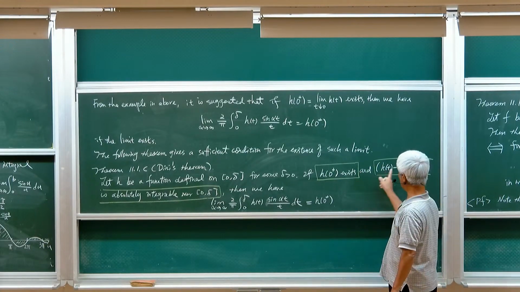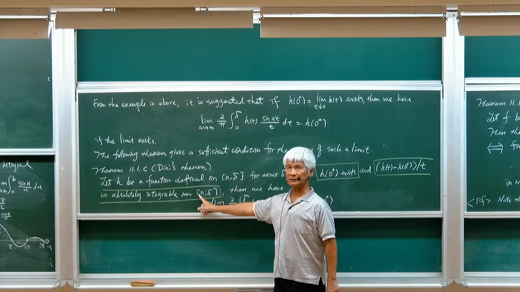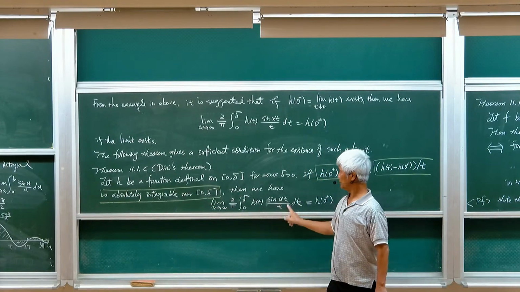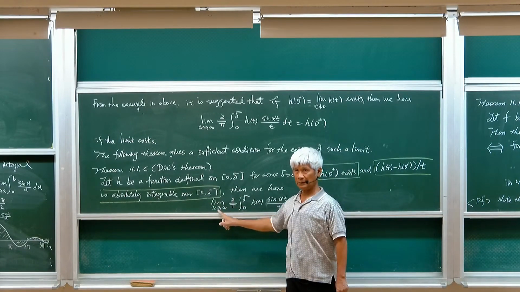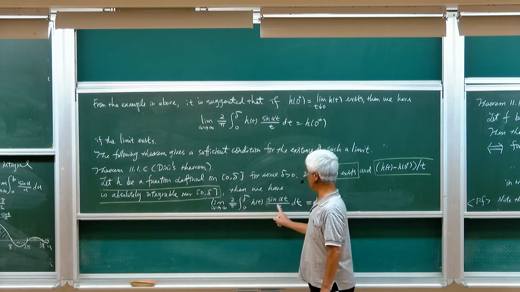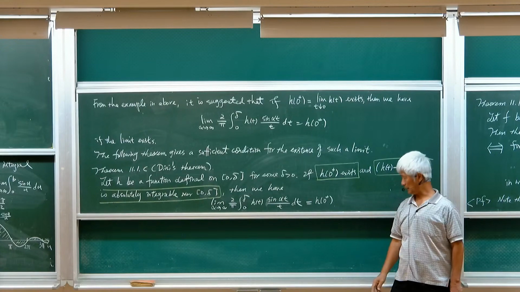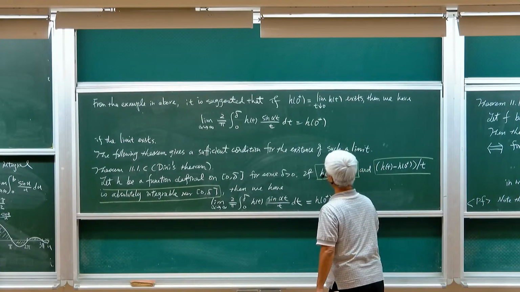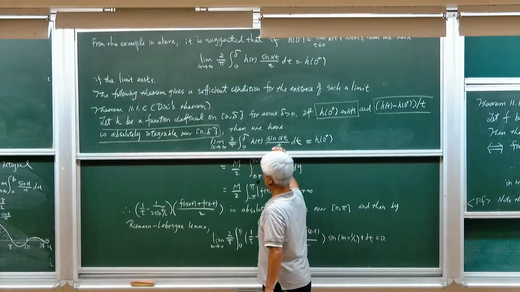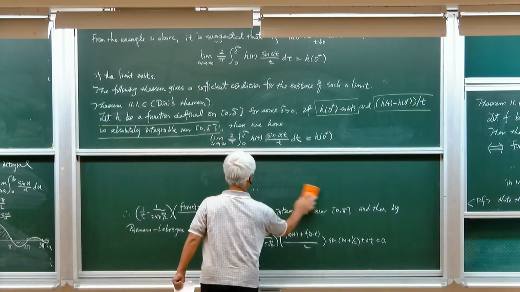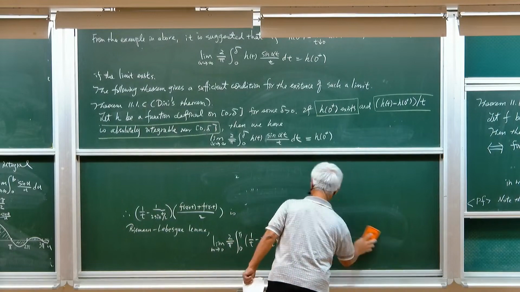So once we have these two nice properties, then the Dirichlet integral has a limit as alpha goes to infinity, and this limit is equal to this number. I will give you the proof in my lecture notes, so I will omit it.